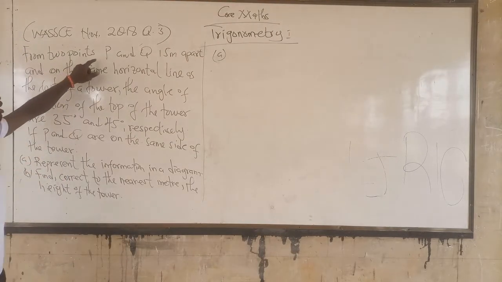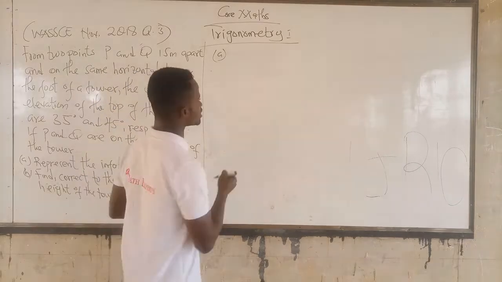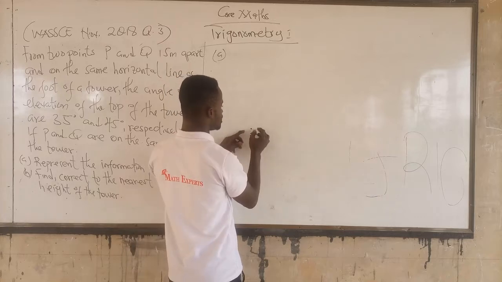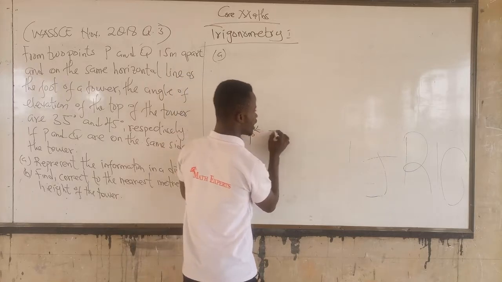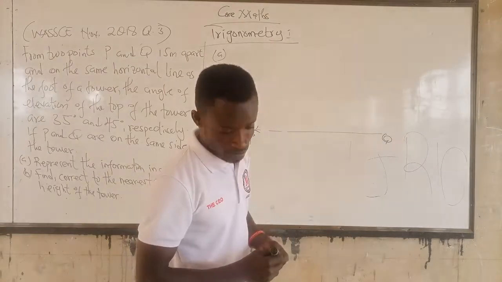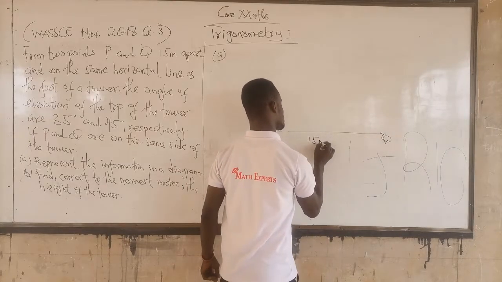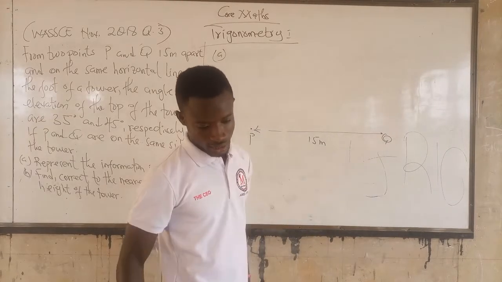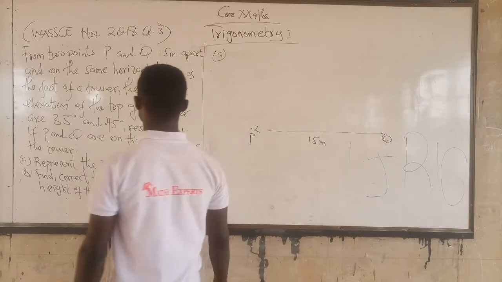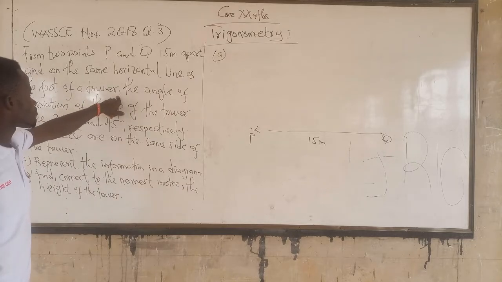So from two points P and Q, 50 meters apart. That means that if this is the point P, then between the point P and the point Q, let's assume the point Q is here, that's going to be 50 meters apart, and on the same horizontal line as the foot of the tower.